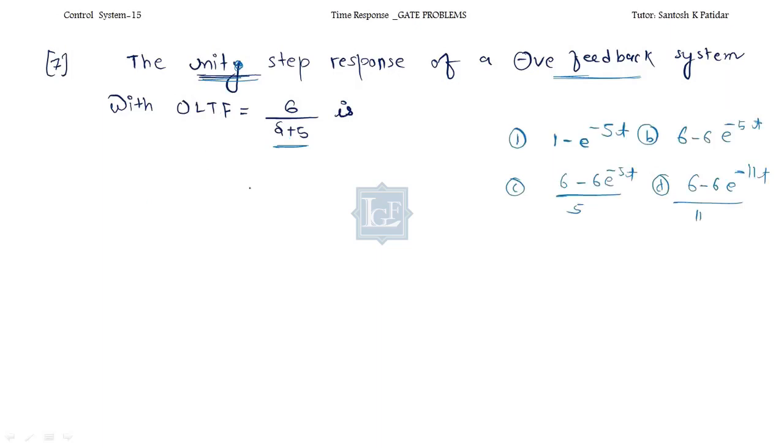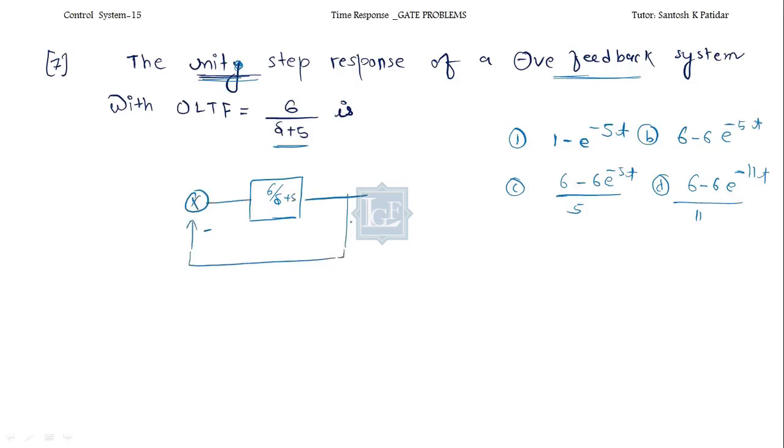So this is kind of your system, that is 6 upon s plus 5. Okay, the closed loop unity feedback, negative, like this. Here I'll get Y(s). To this system I am going to apply 1 by s, that is the unit step input.